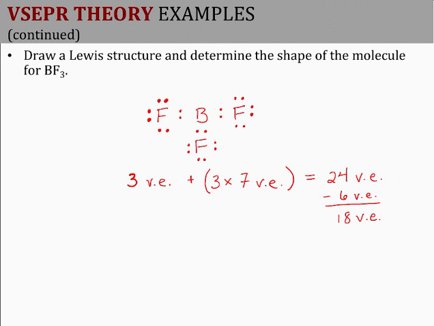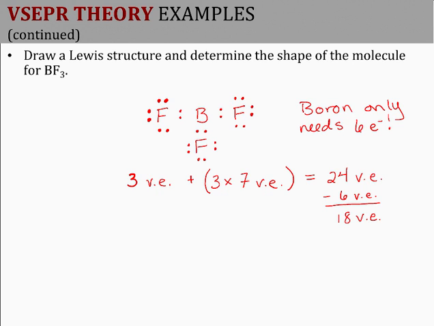Now, boron only has 6 electrons, but this is kind of a tricky thing. Boron only needs 6 electrons. So it also doesn't need an octet. It's kind of similar to hydrogen, except boron is perfectly okay having 6 electrons.